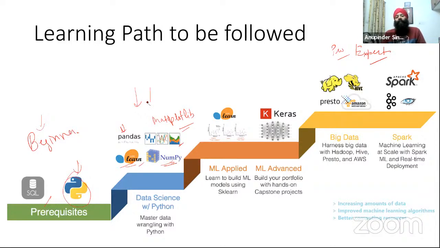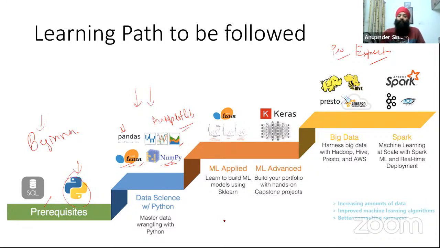So these are the set of tools which you should be learning, which you will be using across your machine learning projects and across your career as a machine learning engineer or researcher. So these are the primary tools which you should know about, right?